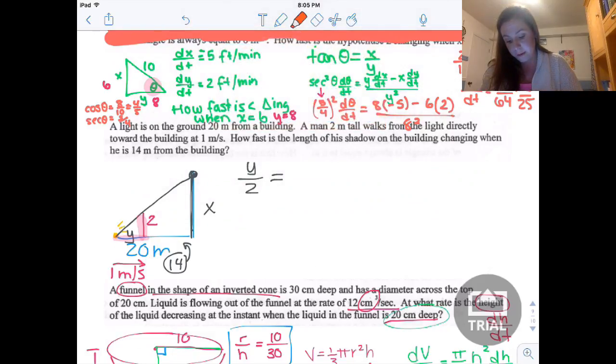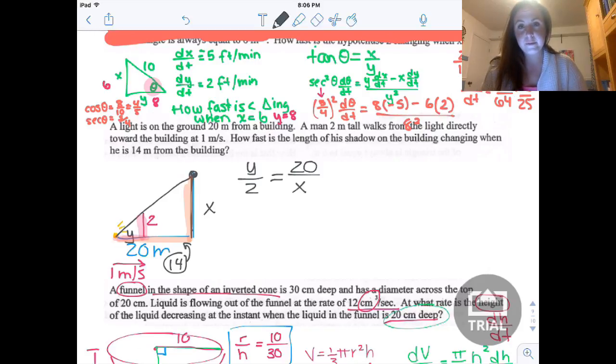So I'm going to do this leg over this leg. Now, that distance changes, right? Actually, from the light, it doesn't. That's always 20. So this would be 20 over x, right?